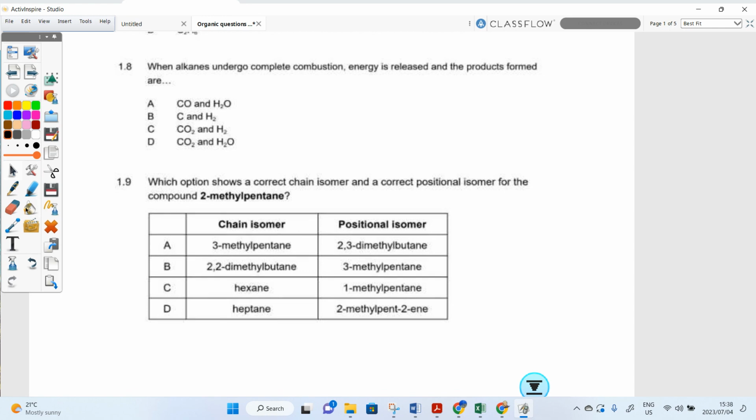Then we also did only one reaction. You're going to do a lot more reactions later on. We did only one reaction of alkanes, and we said they undergo complete combustion. Remember the equation? CnH2n plus 2, plus O2 will always form which 2 products?